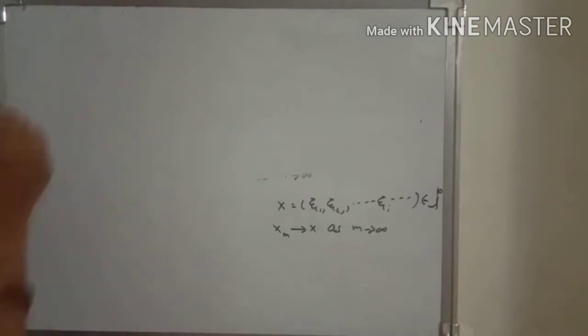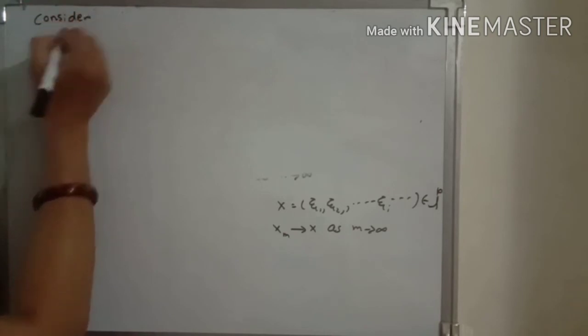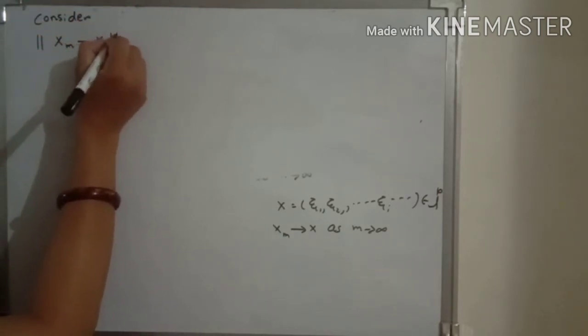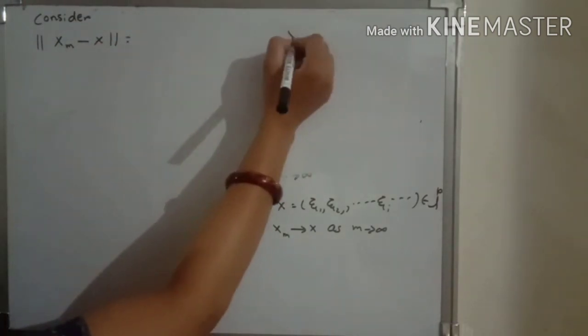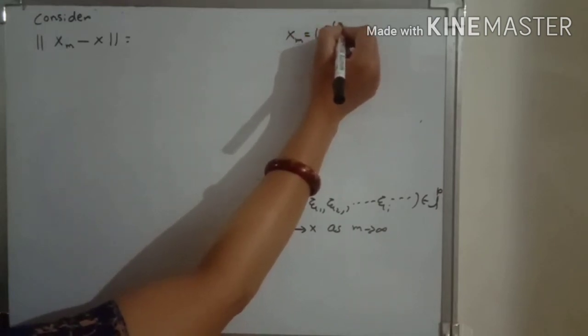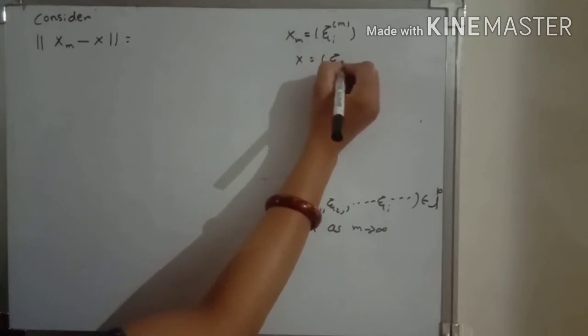Now we consider the norm of xm minus x. As we know, the coordinates of xm are xi im and the coordinates of x are xi i.